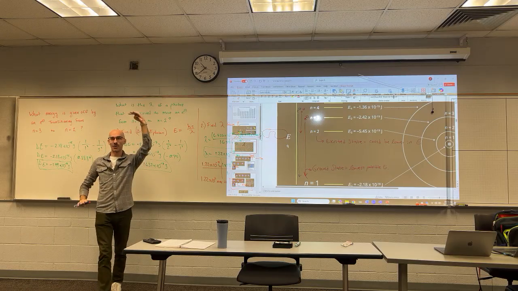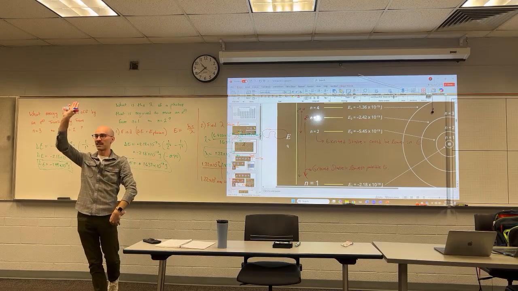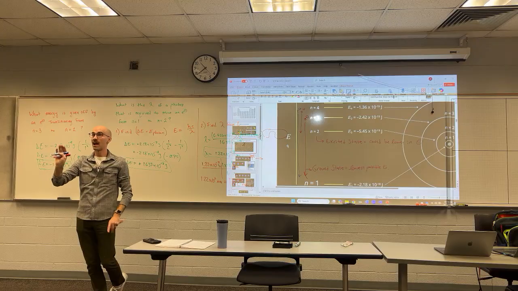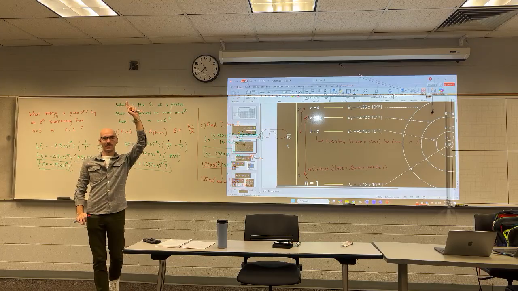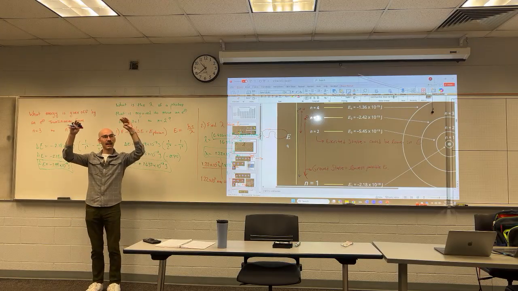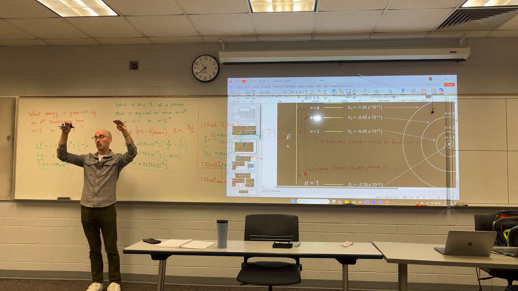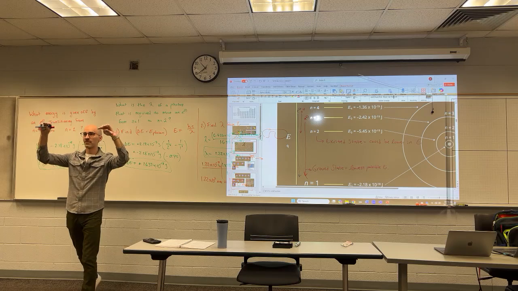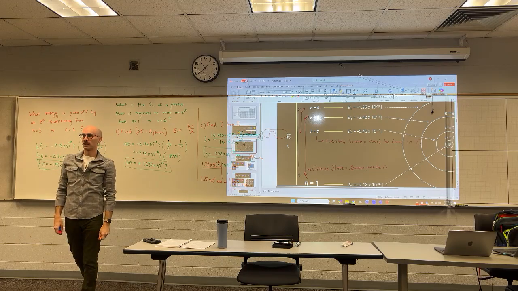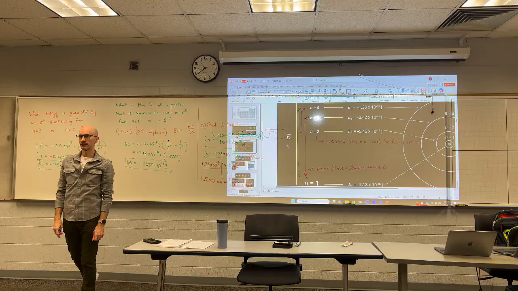Wavelength and energy correlate inversely, which is where we said shortest wavelength, highest energy. Frequency and energy correlate directly. So which of these emits the smallest frequency photon? 4 to 2, because that's the smallest energy gap.